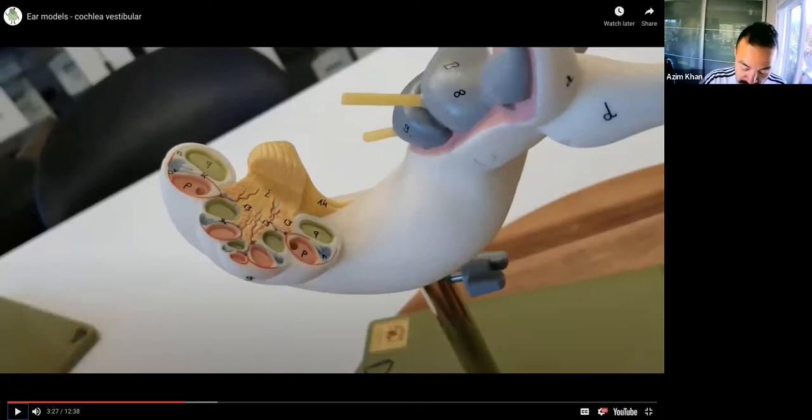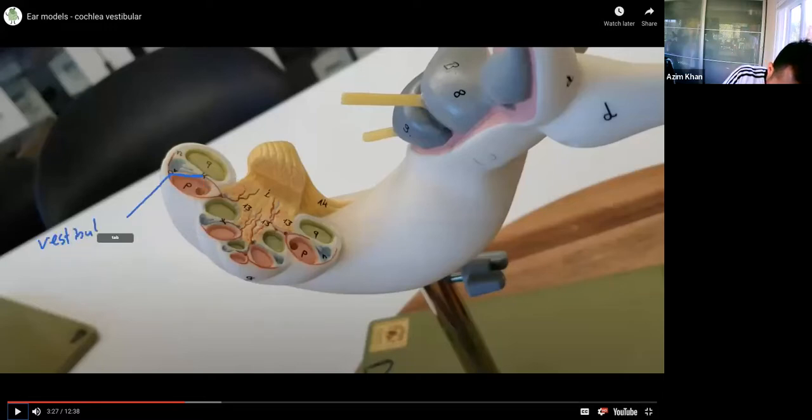How do I know which duct is which? Let's look at this grouping of three. We see a slant right here. The more slanted one is the vestibular membrane, which means this other slant is the basilar membrane.